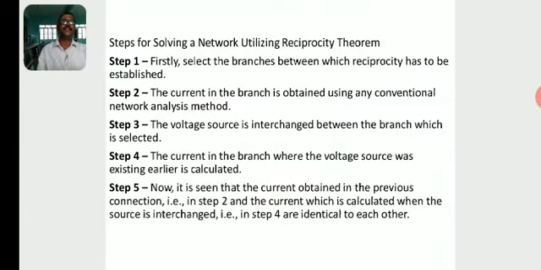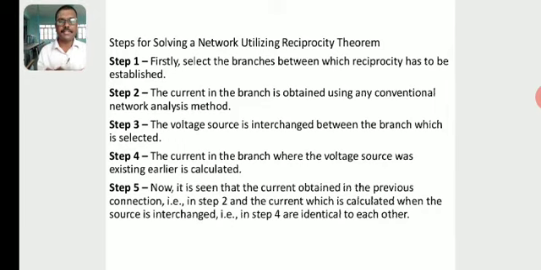Which steps do we take to solve a network? Steps for solving a network utilizing the reciprocity theorem. First step, select the branches between which reciprocity has to be established.